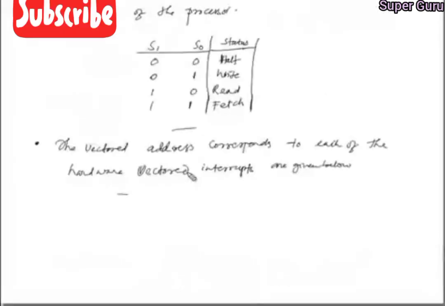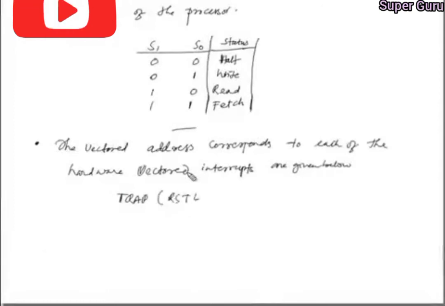What is the vectored interrupt here? First is TRAP, that is RST 4.5.